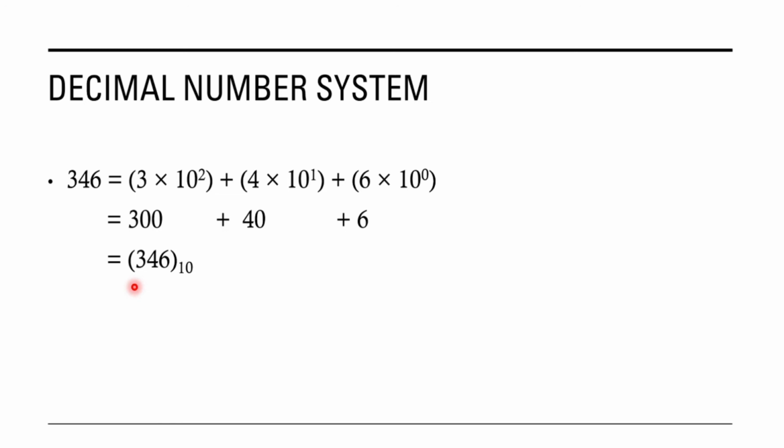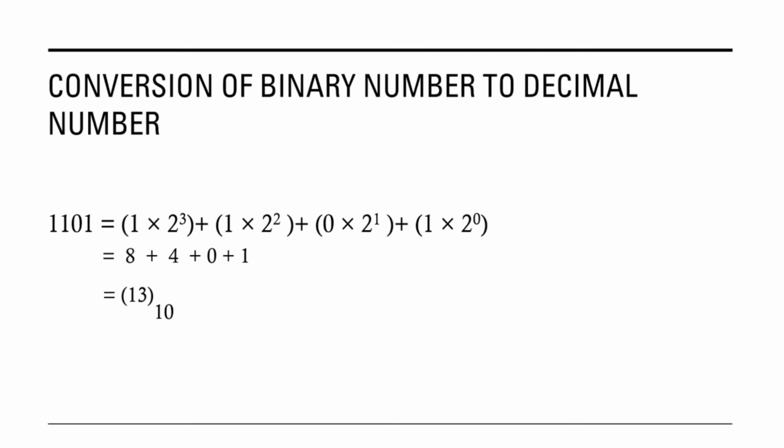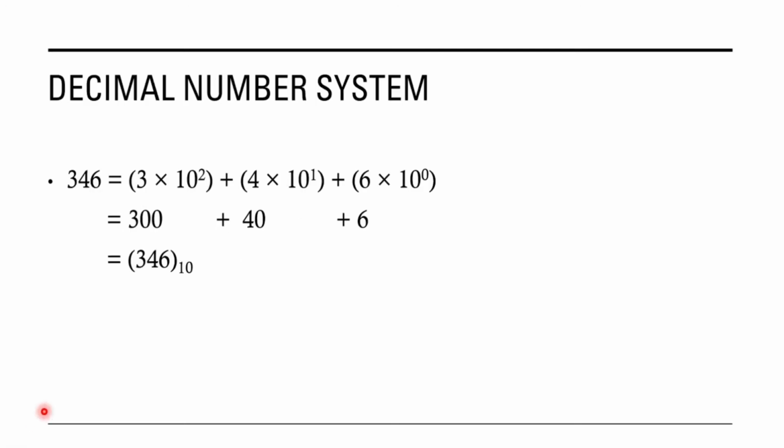This is the reason why we say the decimal number system is written to the base 10. Now let us see how the binary number system differs. In the binary number system, we write the numbers to the base 2 and use only 2 digits.